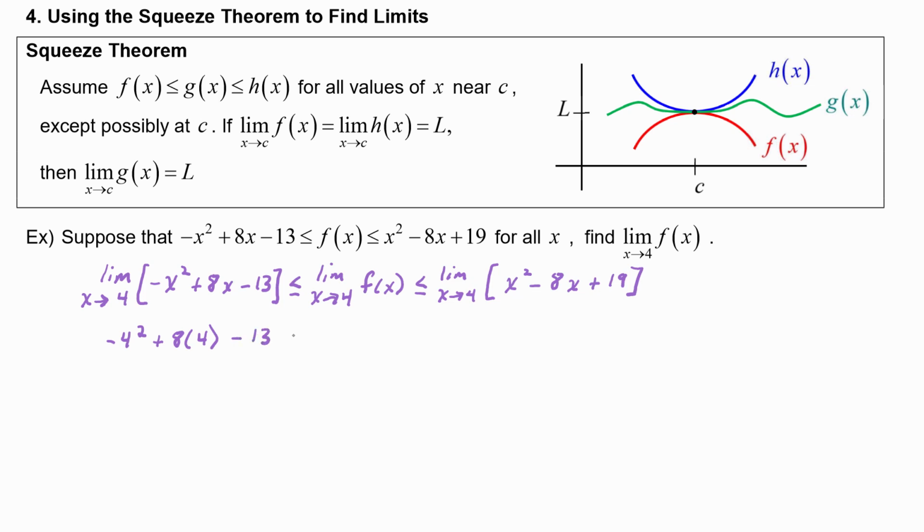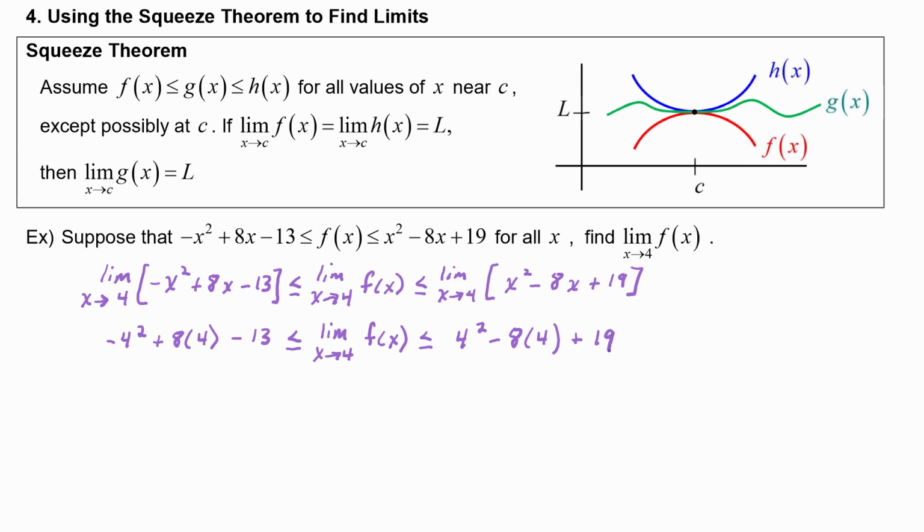And that has to be less than or equal to, now in the middle term here, there's nothing to evaluate, so we bring it down as the limit as x approaches 4 of f of x, is less than or equal to, on this right-hand side term, we have a polynomial, so we can do direct substitution, and we get 4 squared minus 8 times 4 plus 19.